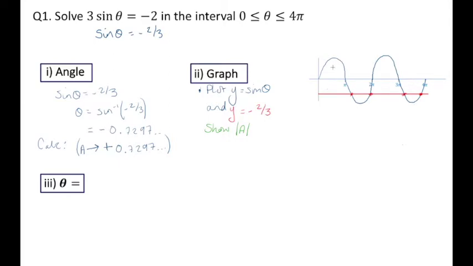So let's take these intersection points, and just to remind us that we're trying to find out the x coordinate, why don't we call them theta 1, theta 2, theta 3, and theta 4. I'll just label this, so this is minus 2 over 3.